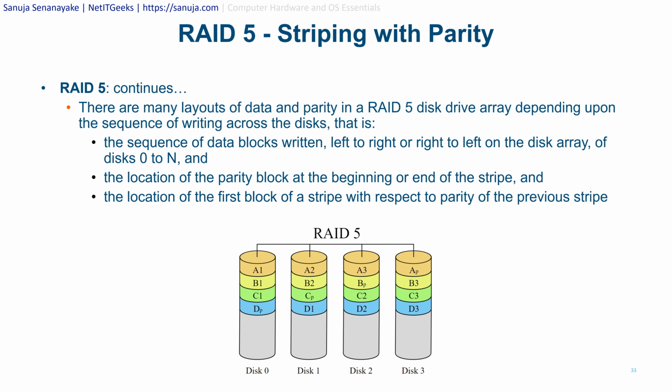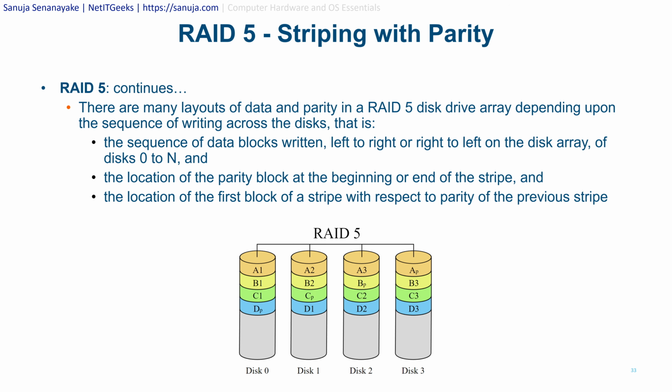And there are many layouts of data and parity in a RAID 5 disk drive array, depending upon the sequence of writing across the disks. So there are multiple ways the layout of data and parity in RAID 5 can work.